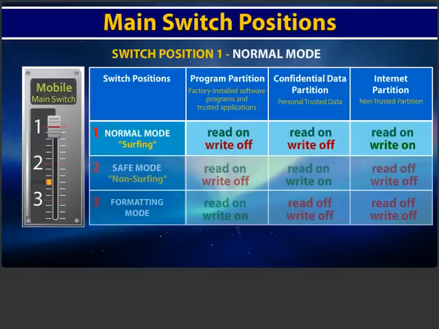Also at this position, a mobile phone is capable of saving all non-trusted data downloaded from the internet on the internet partition. Furthermore, all personal data, phone numbers, multimedia, and text files are safe and accessible because the confidential partition is in the read-only mode.